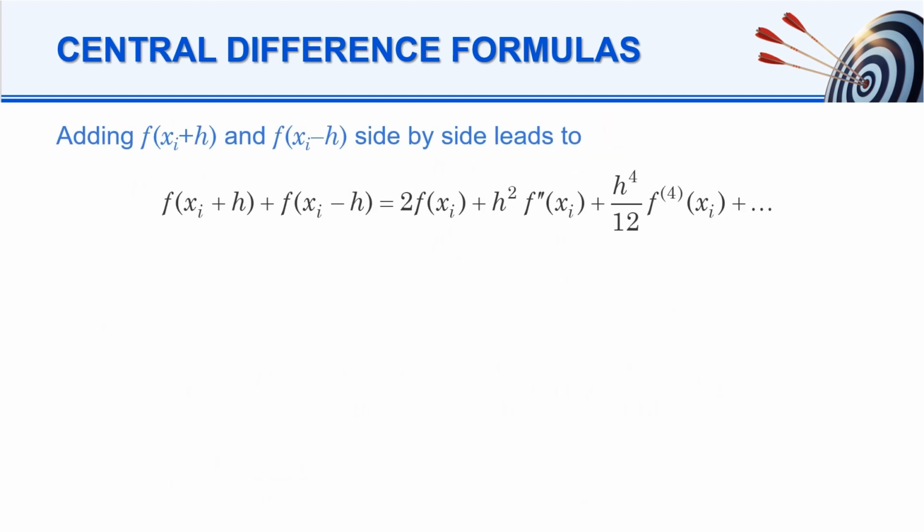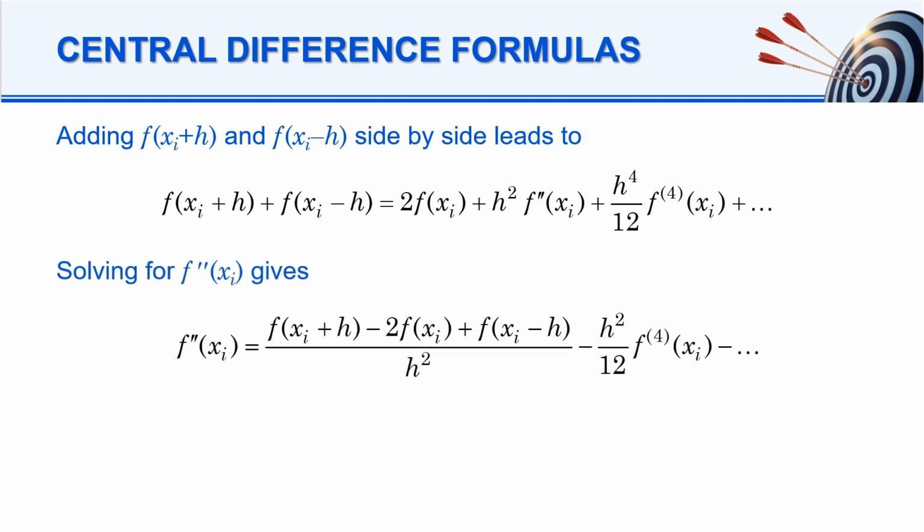Adding f(xi plus h) and f(xi minus h) side by side leads to the following. Solving for the second derivative gives the following finite difference approximation, which is referred to as central difference approximation.